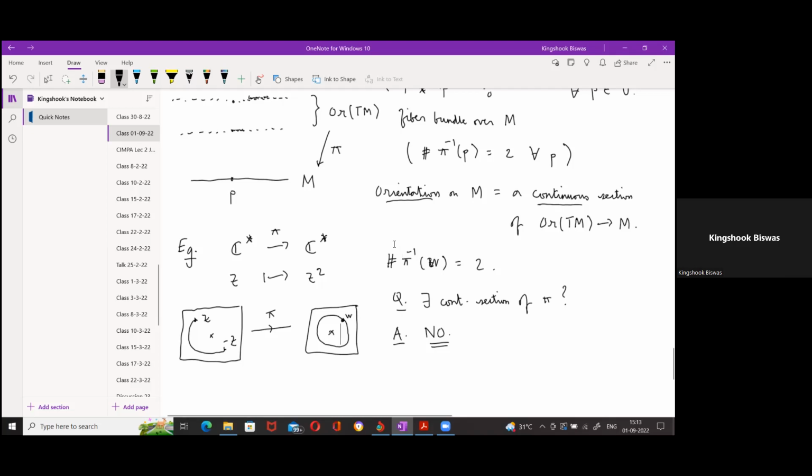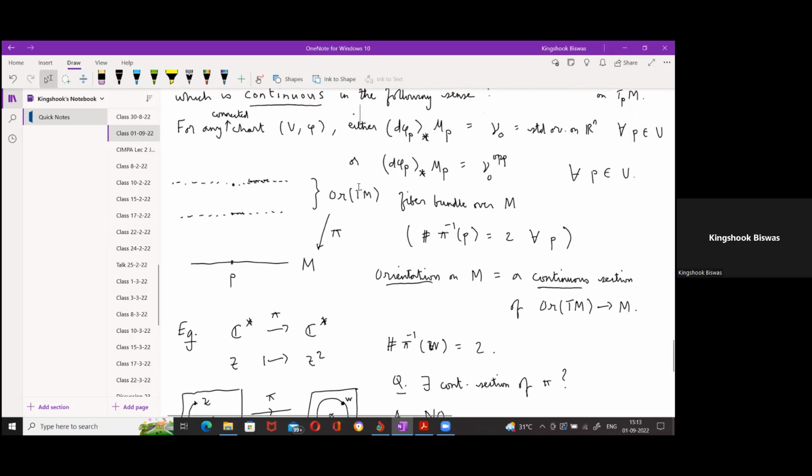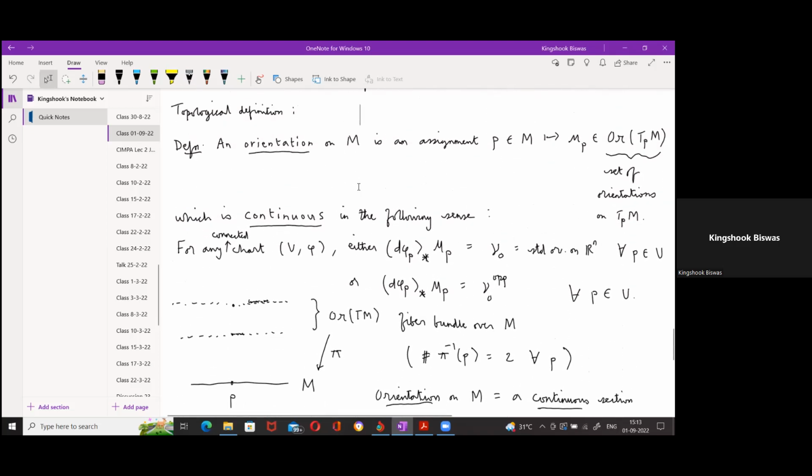Okay, so you can see this is becoming more topological, right? It's almost purely topological. The only thing is, this TPM and this D-phi, we're using the smooth structure.